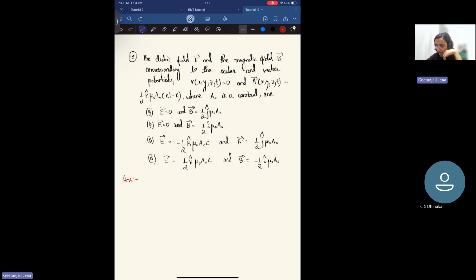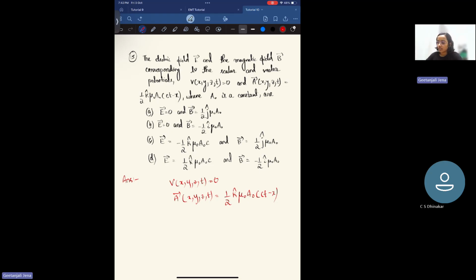The electric field and the magnetic field corresponding to the scalar and vector potential. It's given the scalar potential is 0 and the vector potential is half k μ0 A0 (ct minus x).